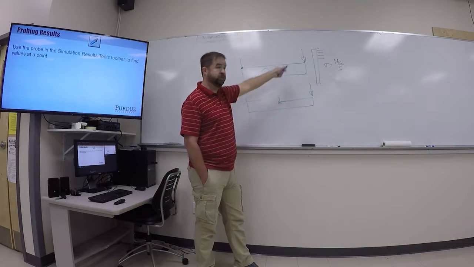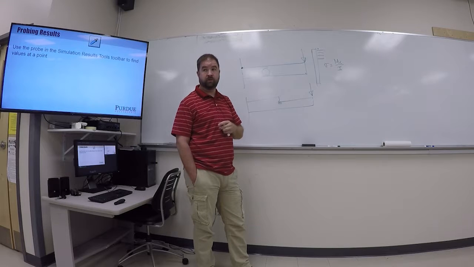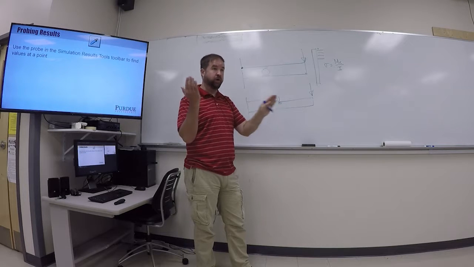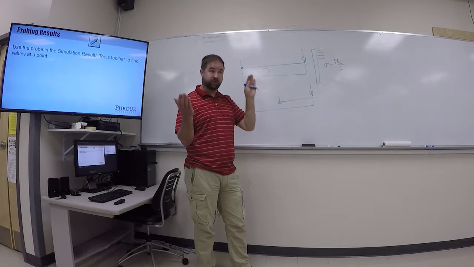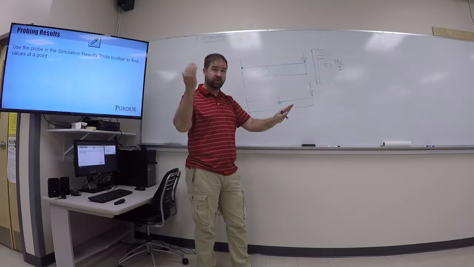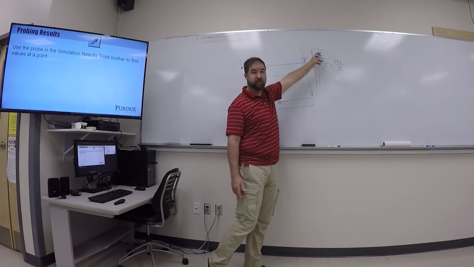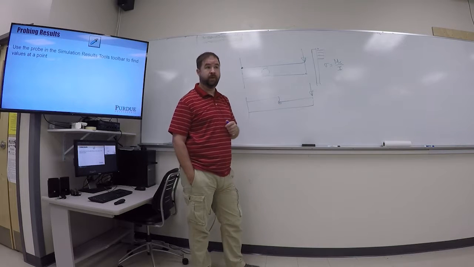You might be interested in particular other locations on the structure. So like I said, comparing your hand calculation to your SolidWorks gets hard because you need to make sure you're comparing the right number in SolidWorks to your hand calculation. It's not always just whatever this max number is. Okay?